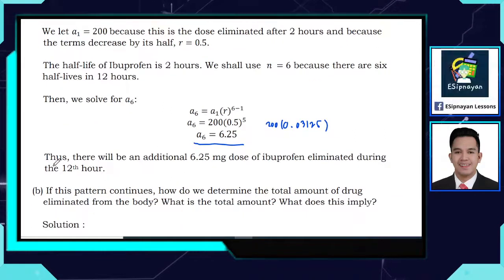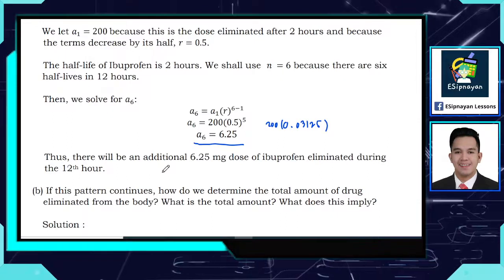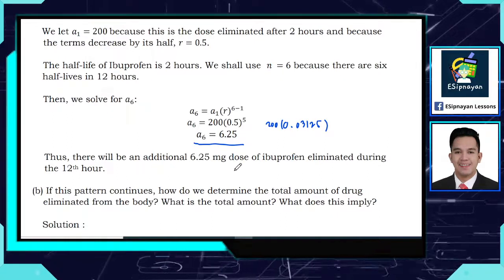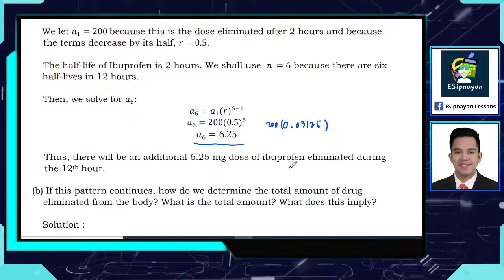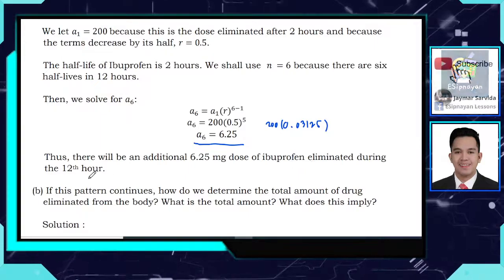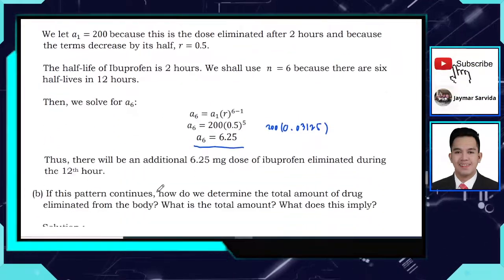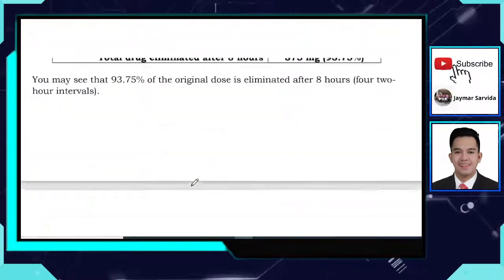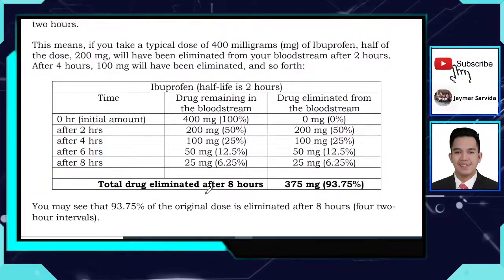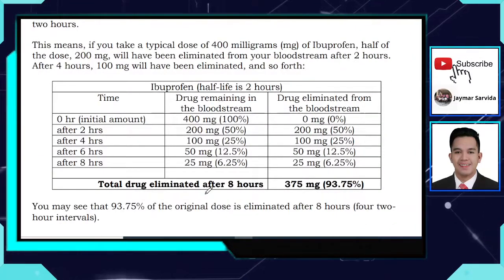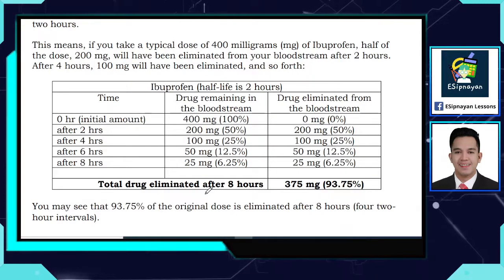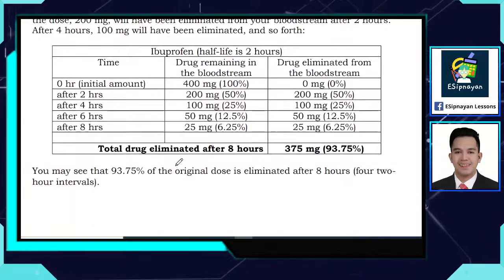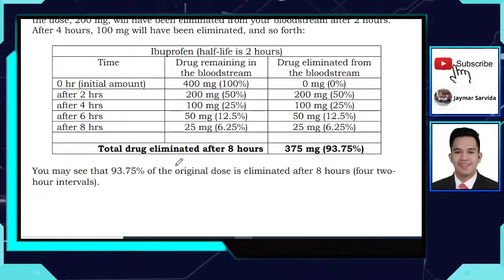Then, next is, thus, there will be an additional 6.25 milligram dose of ibuprofen eliminated during the 12th hour. So, in total, yung ma-eliminate na sa'yo after 12 hours ay 375. Okay, 'di ba 25 divided by 2, so that is 12.5.